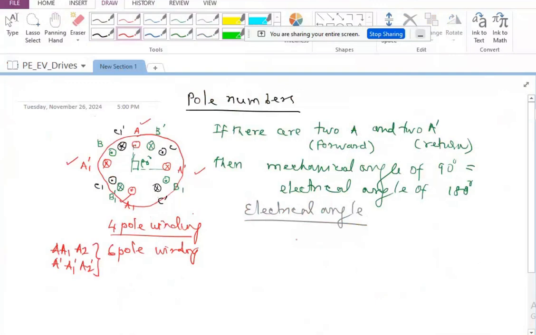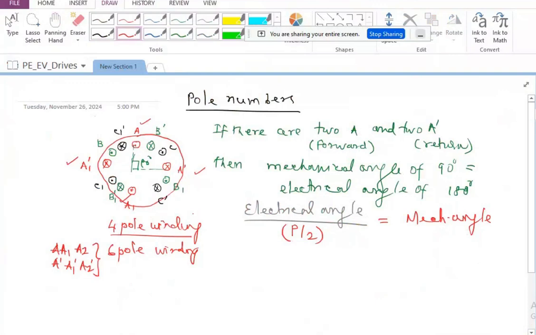So electrical angle divided by P by 2 is going to be equal to mechanical angle. If the number of poles is only 2, then electrical angle and mechanical angle are going to be one and the same. If the number of poles is 4, in that case I have to divide the electrical angle by 2 to actually get the mechanical angle.